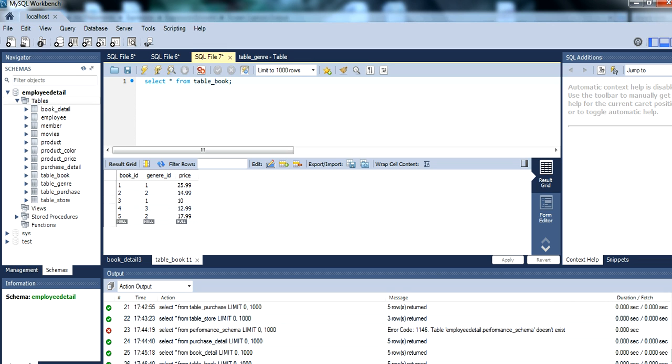Genre id is another column for genre and price. To remove the transitive dependency, in this table there is no transitive dependency among book id, genre id or price. Another table will be table genre.